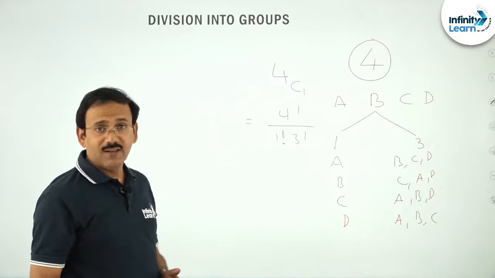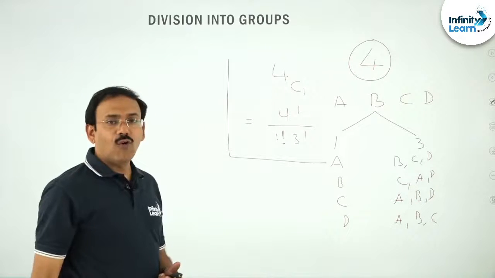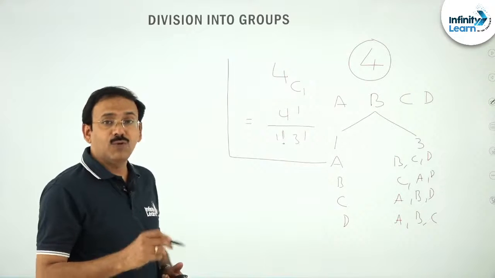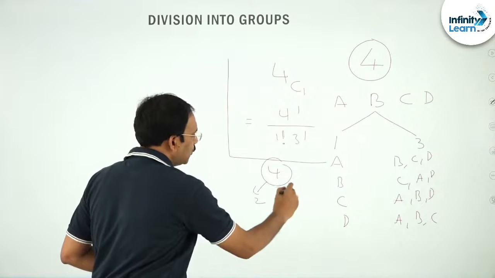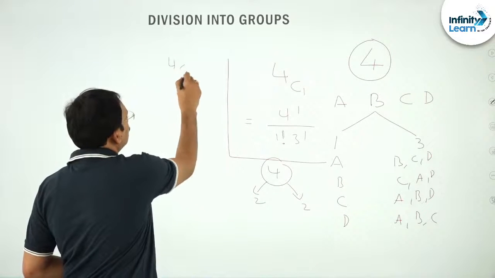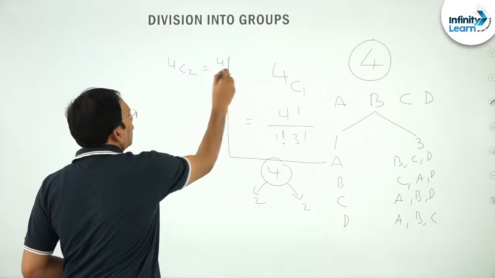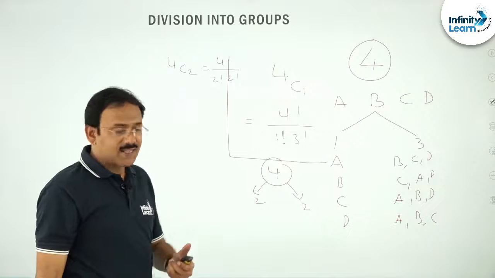You know it well. Now my question is, suppose 4 objects are to be divided into 2 groups of 2 items each, that is 4 into 2, 2, how many ways will come? Can I just say 4C2, which is 4 factorial by 2 factorial into 2 factorial, am I correct? Let us see, friends.